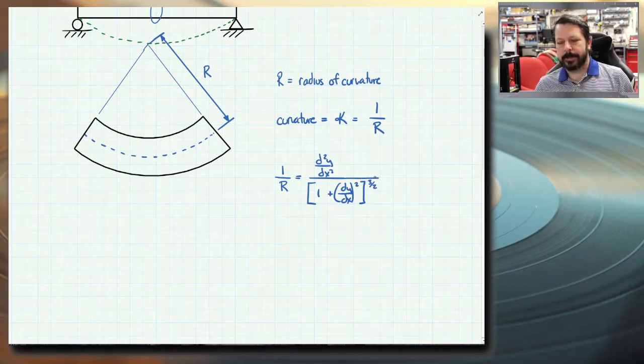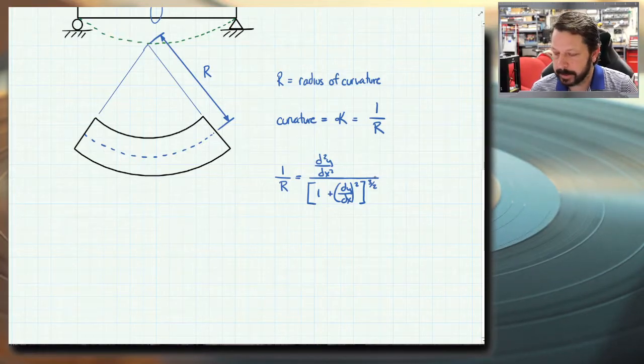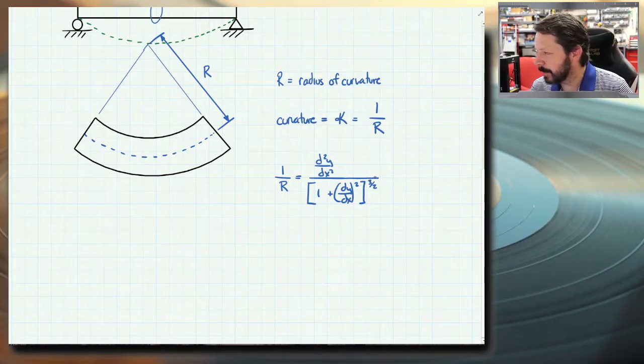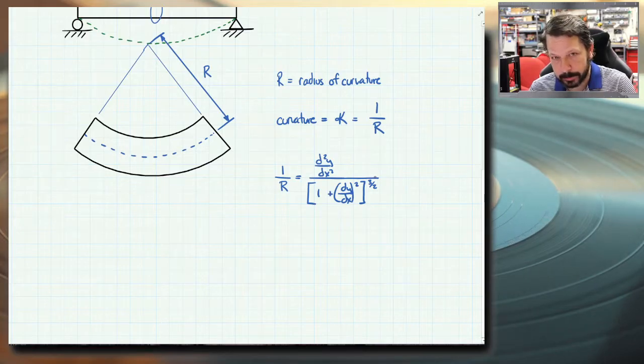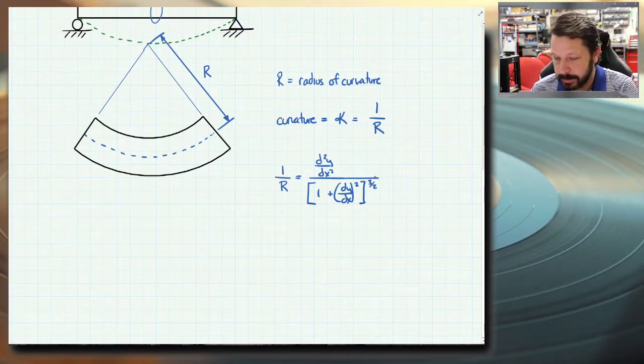So that looks like something we don't really want to deal with. The good thing is that we don't have to deal with this very much. We have to deal with a piece of it, but it's not as bad as it looks.